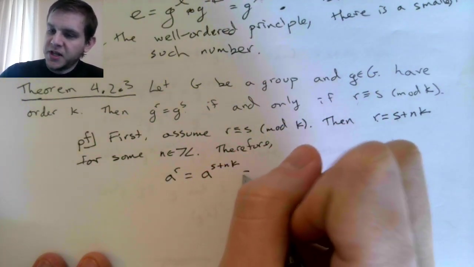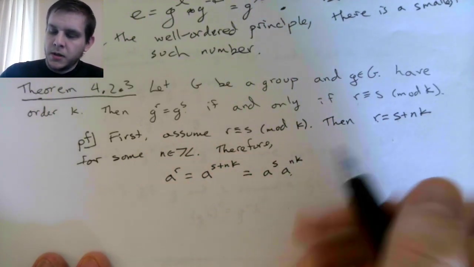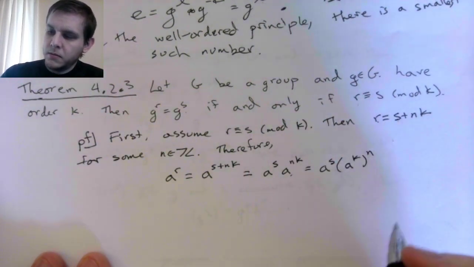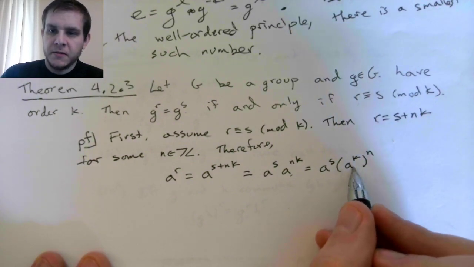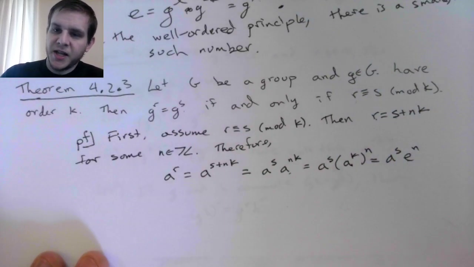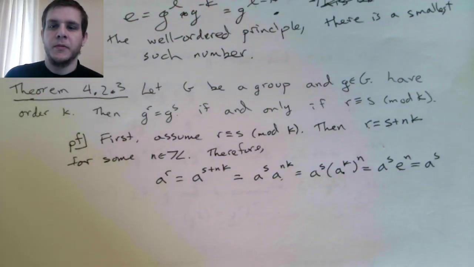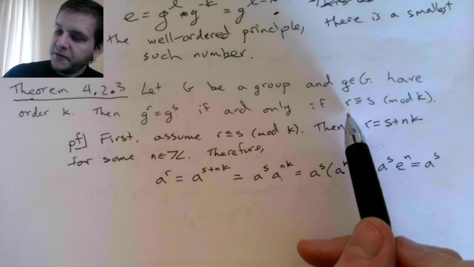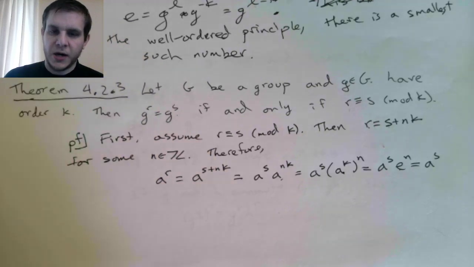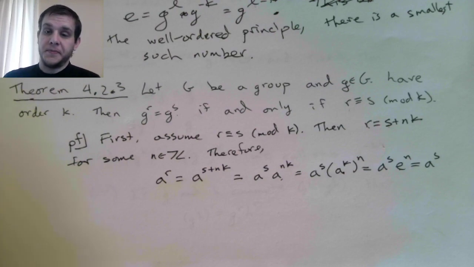We just proved that we can break this exponent up. We also proved that I can take the exponent out. And k is the order of a, so this is equal to the identity. And multiplying by the identity any number of times is just going to give you back the element that you start with. So this proves that if r is congruent to s modulo k, then the rth power of a and the sth power of a are equal.